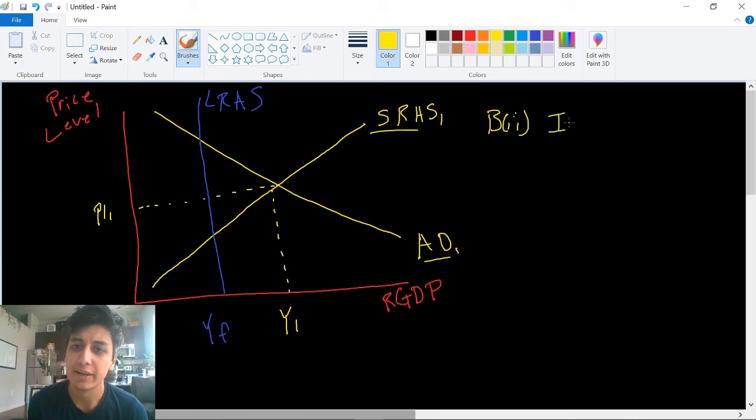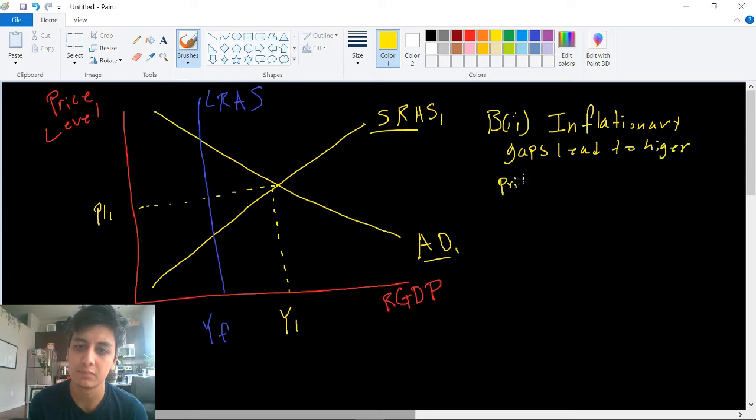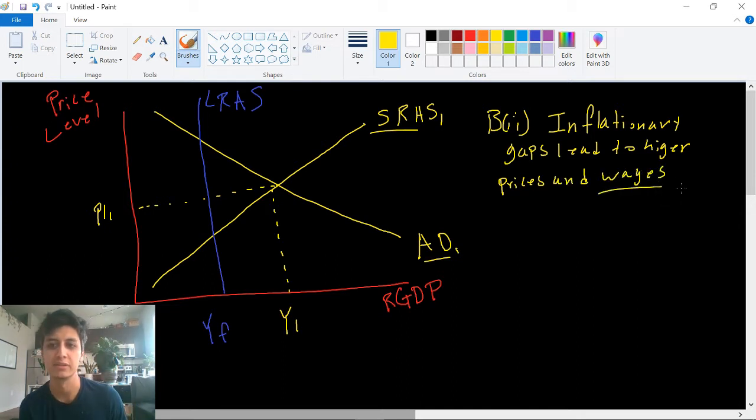So inflationary gaps lead to higher prices and wages, and that wages one is kind of what they're looking for too. Higher wages, right?